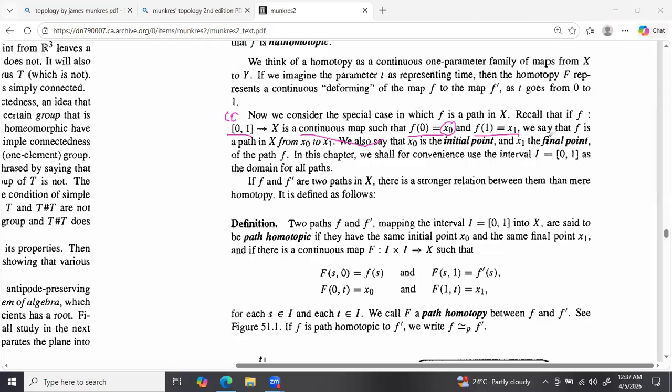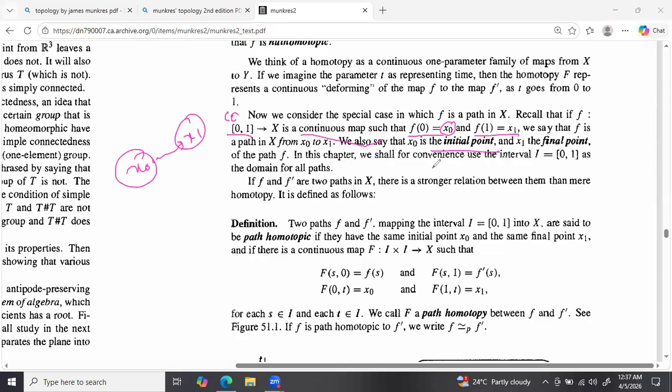This is the final point. We say that f is a path in X from x naught to x1, where x naught is the initial point and x1 is the final point, or terminal point, of the path.